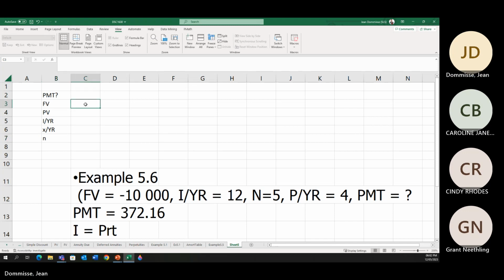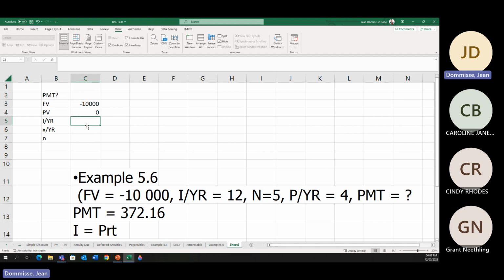So they told us a debt of 10,000 Rand bearing interest. So your future value is 10,000. You will not have a present value.